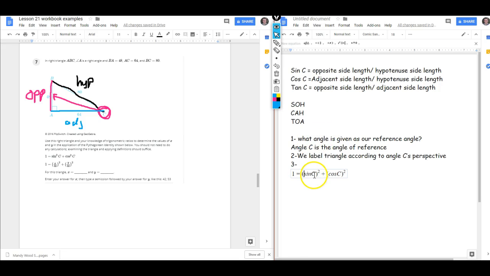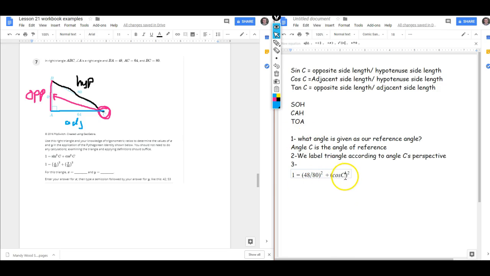So sine of angle C, sine again is the opposite side length divided by the hypotenuse side length ratio. So when we look for sine of C, we are going to have the opposite side length, which is 48, divided by our hypotenuse, which is 80, and that one was squared.